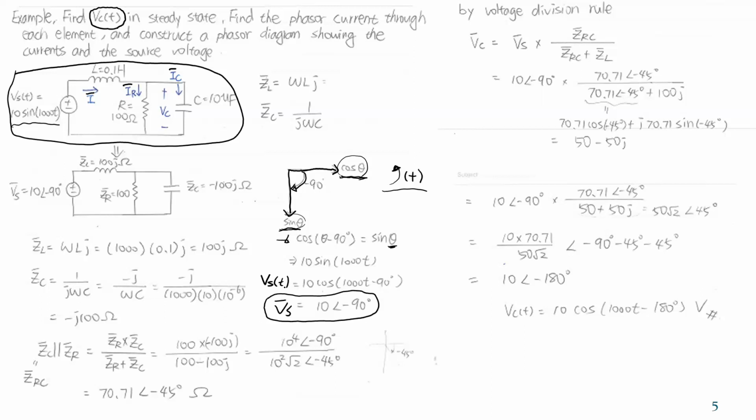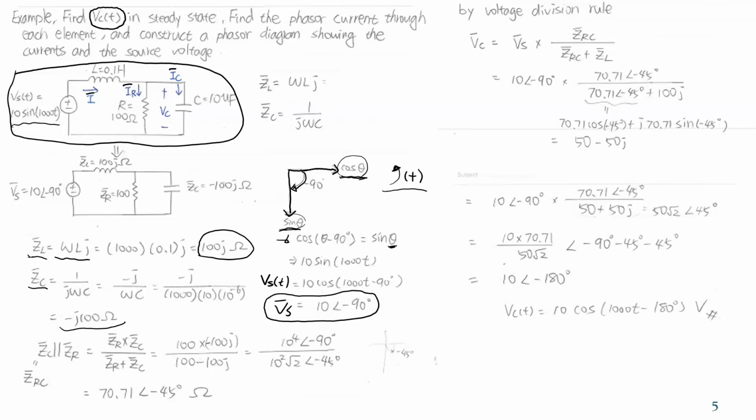Convert the voltage source to its phasor representation. And second, we need to convert everything to its impedance. So we convert the inductor to impedance, which is j omega L. So you have the impedance of the inductor ZL, and we need to convert the capacitor to its impedance ZC, which is minus j100 ohm.